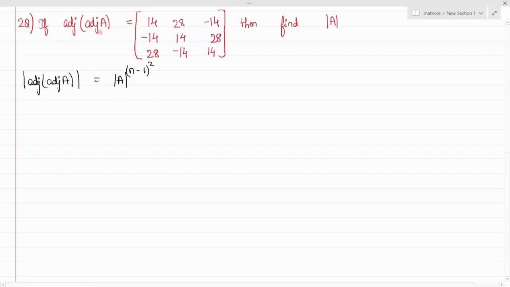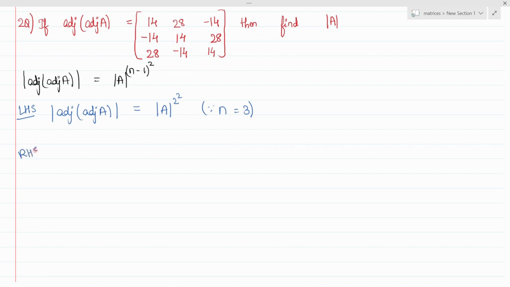So here the order is 3 itself. Now, using this, on the LHS side, it is adjoint of adjoint A. Let's keep the determinant, and we get determinant of A whole power 2 square, because n is 3.